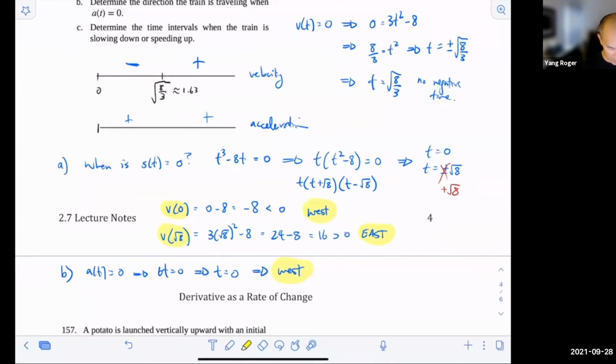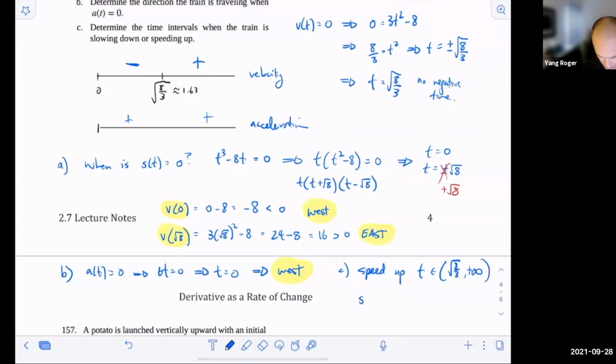And then for the last one, for part C, determine the time intervals where the train is slowing down or speeding up. You just got to see when the two signs agree and when the two signs disagree. So for part C, it's speeding up when t is in the interval from rad 8/3 to positive infinity.